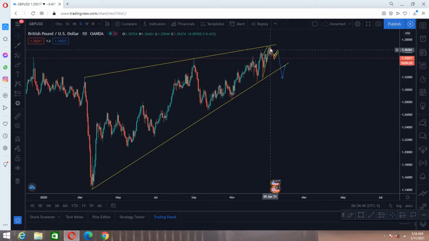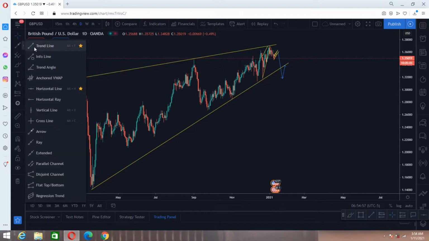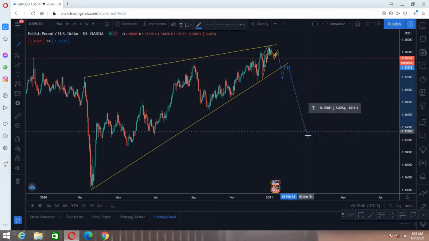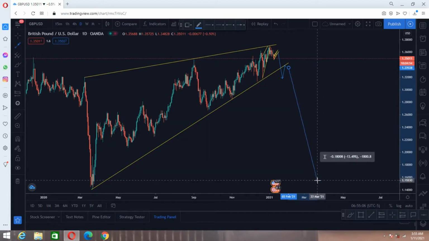This is the pattern I was showing you. It will break here and hit our TP, and then it will come for a bigger reversal pattern or bigger correction. Then after that, that's when we know that the bigger momentum is to the downside. As you can see, there's a lot of pip value.